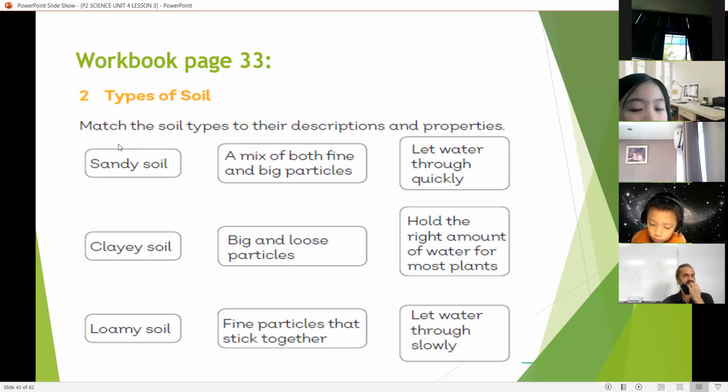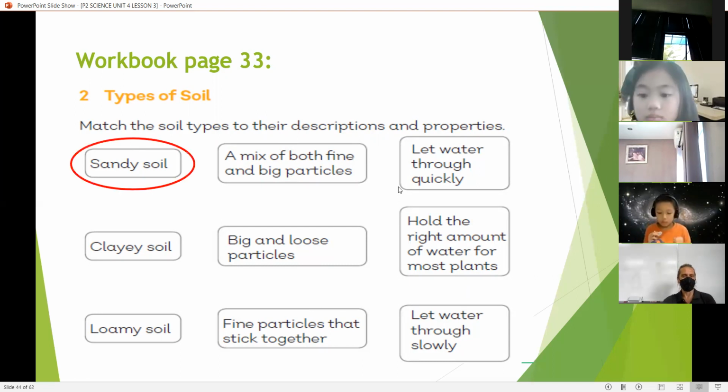Okay, guys, exercise 2. Here we will match the 3 soils to the boxes here. So sandy soil. Does sandy soil have big and small pieces of rock, big and loose pieces of rock, or rock that sticks together? So 1, 2, or 3.